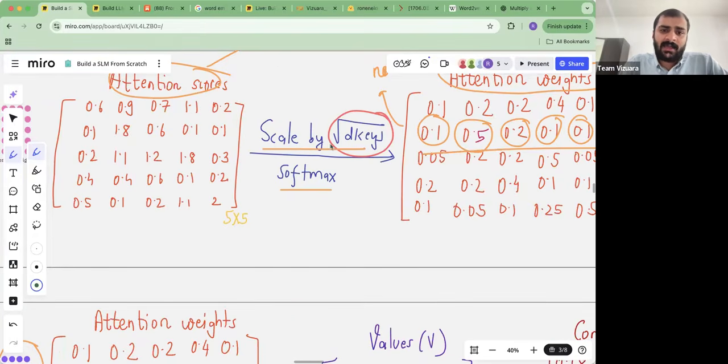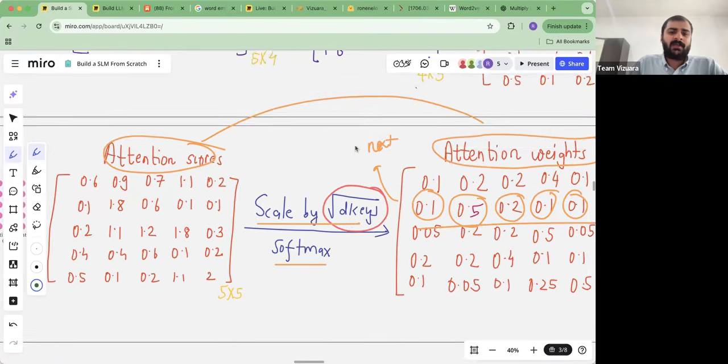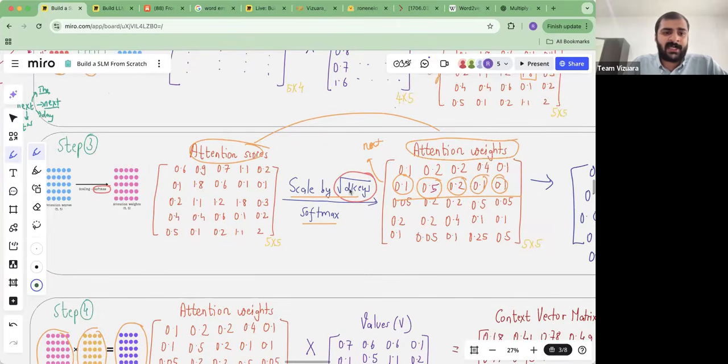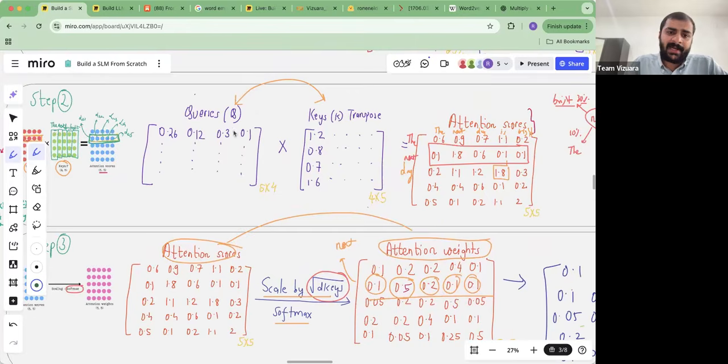So when you get the attention scores, you do two things after this point actually. You scale, or you divide, with the square root of the keys dimension. Why do we divide with the square root of the keys dimension? It's just a trick which comes from statistics. Because when you directly take queries multiplied with the keys transpose, and when you look at the rows, the variance of that matrix actually goes on increasing as the dimension increases.